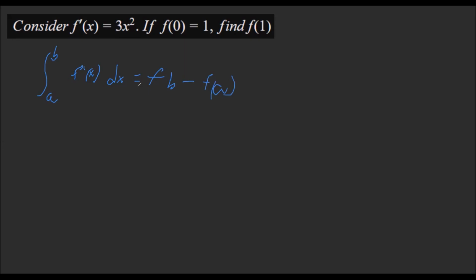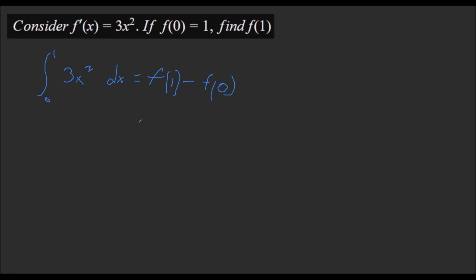And so we can already begin to fill in terms here. You can see that the parameters we're going to use in place of a and b are going to be 0 and 1. We can fill that in over here as well. And we already have f prime of x. It's 3x squared. So our integrand will be 3x squared.